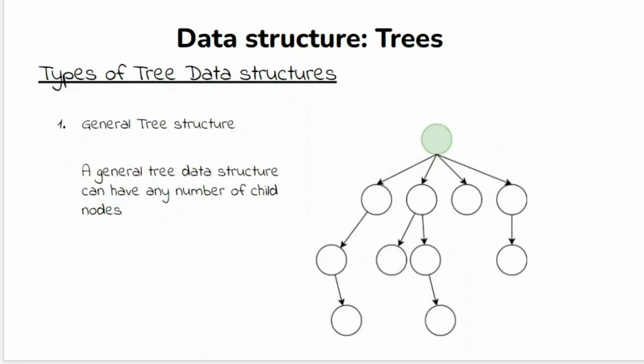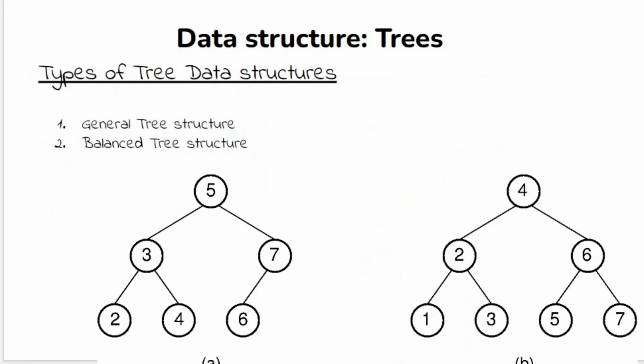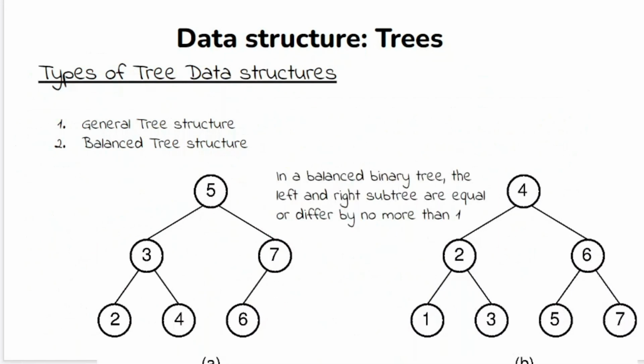Now the first type we have is the general tree structure, which can have any number of nodes. Then we have the balanced tree structure. The balanced tree structure has an equal number of nodes, or if the numbers are not equal, the difference cannot be greater than 1.